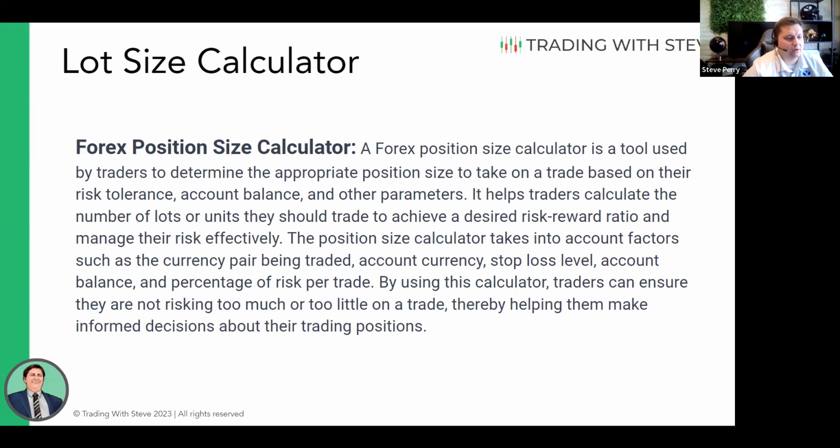The position size calculator takes into account factors such as the currency pair being traded, account currency, stop loss level, account balance, and percentage of risk per trade. By using this calculator, traders can ensure that they are not risking too much or too little, which is also a thing, on a trade, thereby helping them make informed decisions about their trading positions.